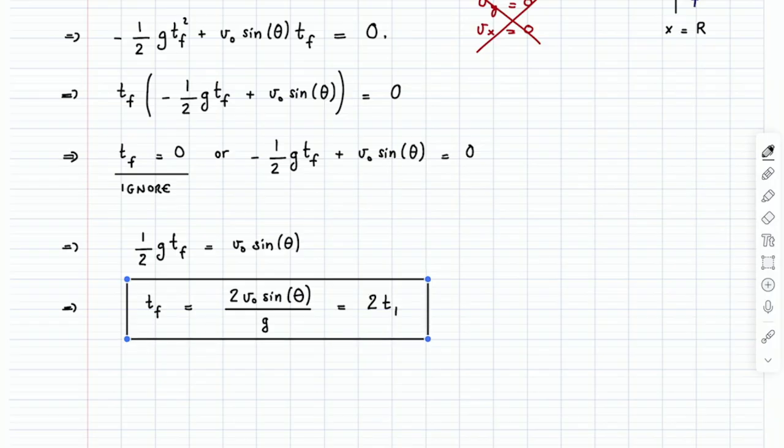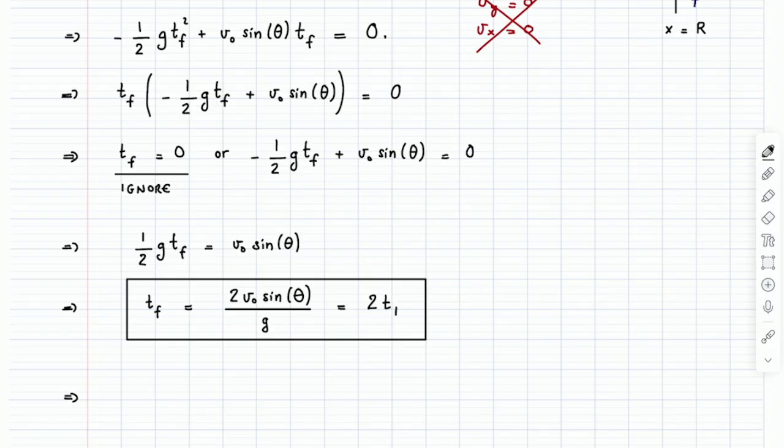Right, t1 being the time it takes to reach the max height. Now you gotta be super careful with that one, okay? Because, and by the way, I need to compute that numerical value, so I'll compute that in a second, sorry. I'm gonna box this just because it's an important result, but I'm also gonna compute and box the numerical value.